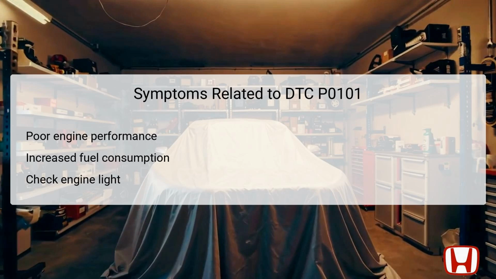Additionally, the check engine light will likely illuminate on the dashboard, indicating that a problem has been detected within the engine management system. Such symptoms should not be ignored, as they can lead to further complications if left unaddressed. Therefore, prompt diagnosis and repair are essential for restoring the vehicle's performance and efficiency.